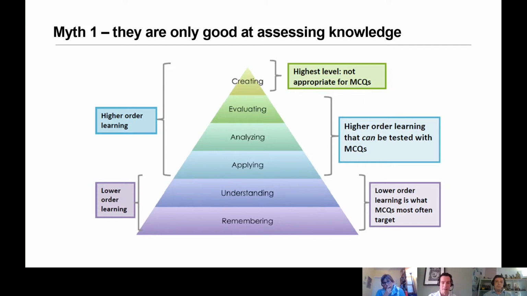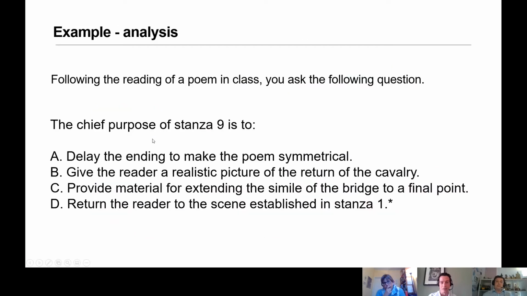And just to give an example here related to the idea of analysis. You could show someone a poem in class, and then you ask a question related to a particular stanza.